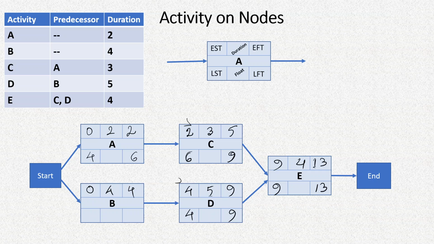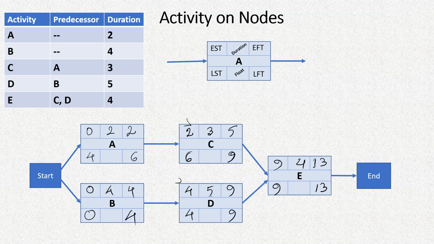And in this activity, we'll have to write this 4 here, and 4 minus 4 will give us 0. And in these activities we can also write the float, because this chamber is reserved for the float.